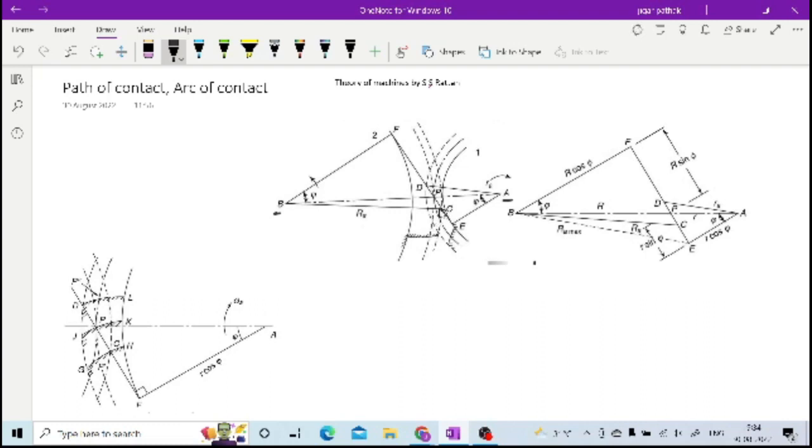Similarly, you see it is passing through this pitch point. This pitch point is the point which is always in contact, as we have already discussed, right? And this point C will travel through this point D. At point D you can see it is nothing but the tip of that particular tooth on the driver.